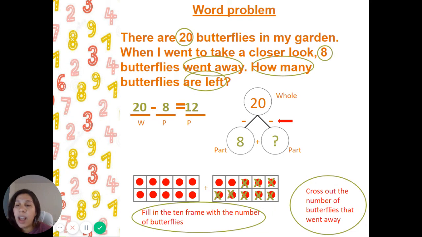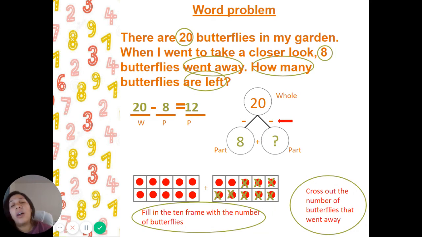So now, how many are left? If we took away all these 8, if you had a real thing that you can touch and put and take away, you wouldn't have to cross them out. You just take them out of the ten frame. In this case, you can just cross them out.